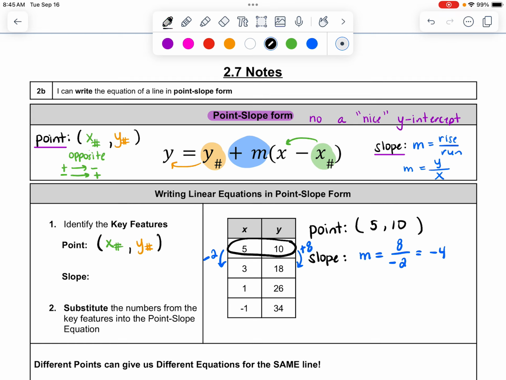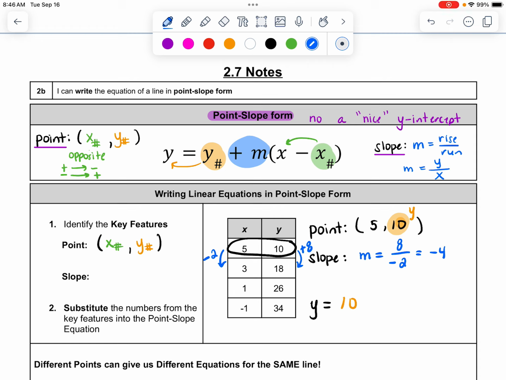Now I'm ready to put those numbers into the equation. Just like with y = mx + b, our y goes first. The first number I'm going to fill in is going to be that y number from the point. So my y number goes right after I wrote the letter y, which is going to be the number 10.